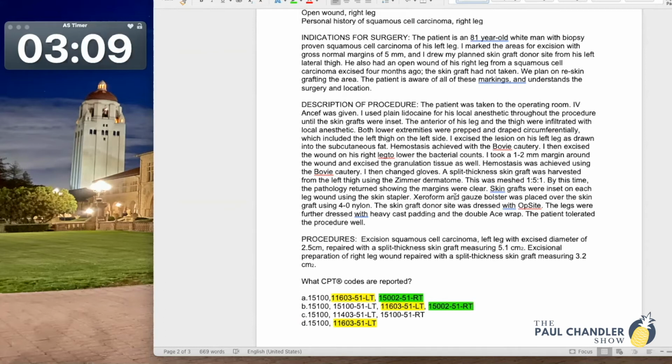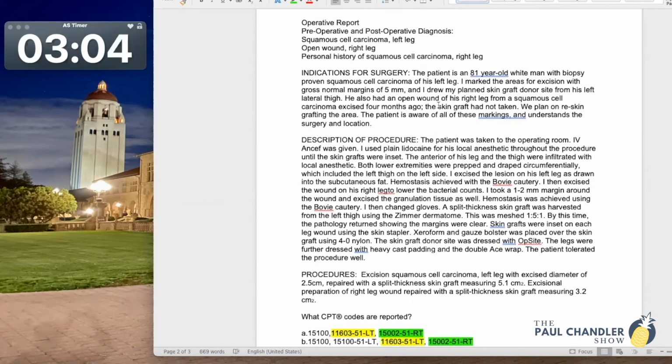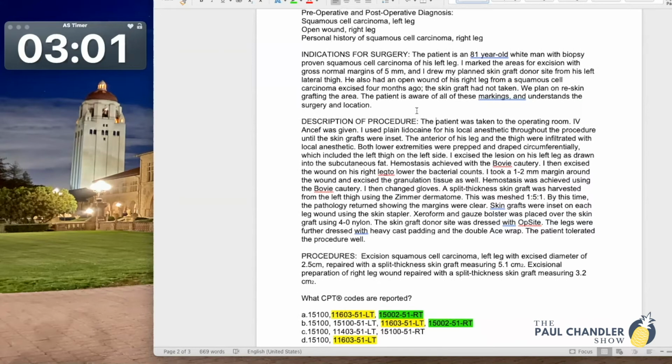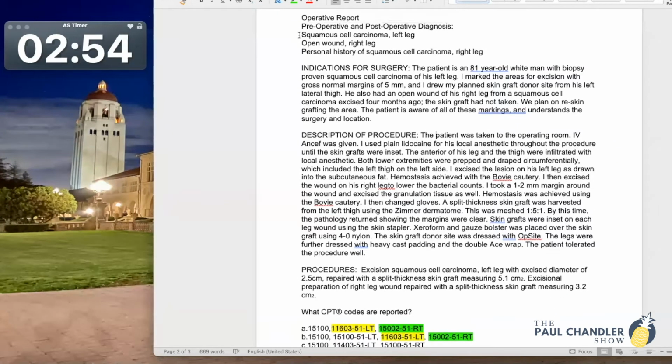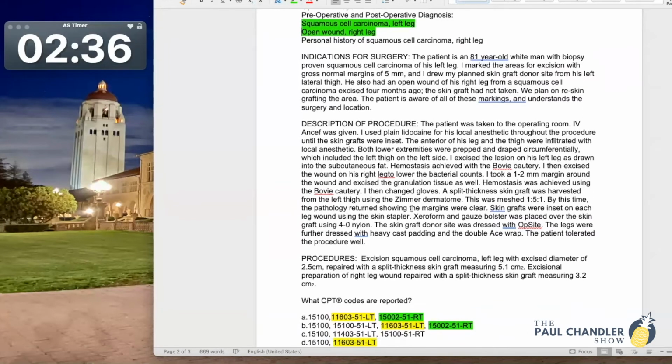11603, excision malignant lesion, 2.1 to 3 centimeters on different locations. So, description of procedure: squamous cell, so that would tell us the malignant side, trunk, arms, or legs. I like that. Open wound, left leg, I like that also. So I like 11603 because it's squamous cell carcinoma, left leg in the diagnosis.